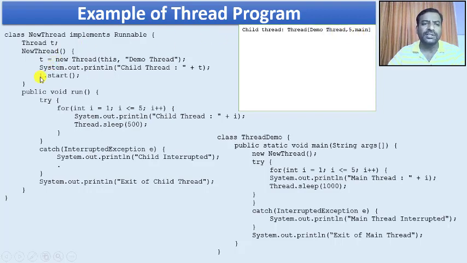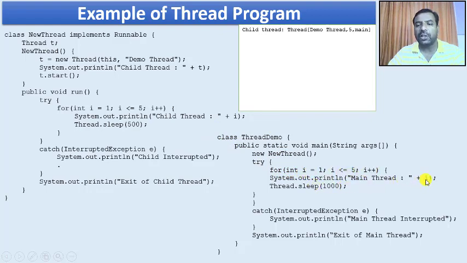Clear? And once this is done, the control comes to the start and it's going to make the thread be in the runnable state, and the control will come back to the main function. When it comes back to the main function, it starts executing the loop.